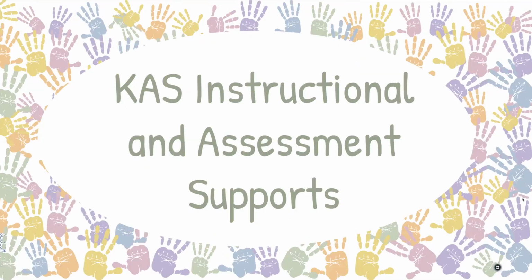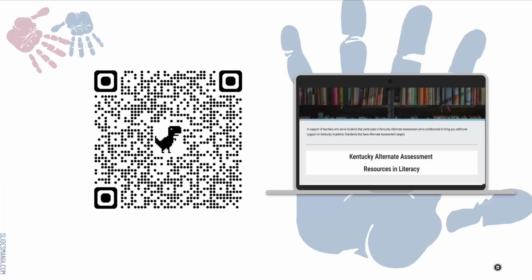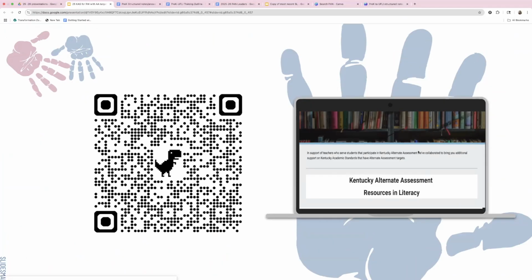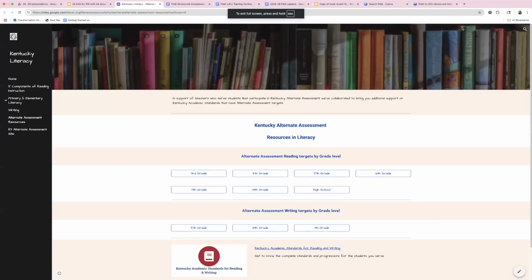So now we're going to look at some supports and resources for you guys. So again, this is access to the alternate assessment resources in literacy. So this one is literacy specific. So I'm going to click on this and show you.